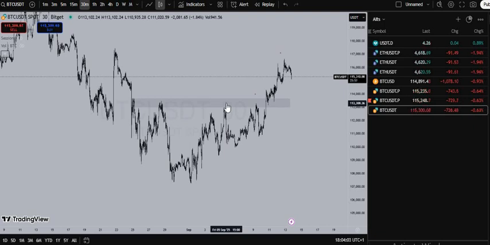And one very important thing when looking at support and resistance trading is that support and resistance is not a particular price level in the market. It is a price range in the market. It is not that there's a particular predefined price that, let's say, Bitcoin at $111,000 is resistance, and whenever price gets to $111,000 it is supposed to get rejected.